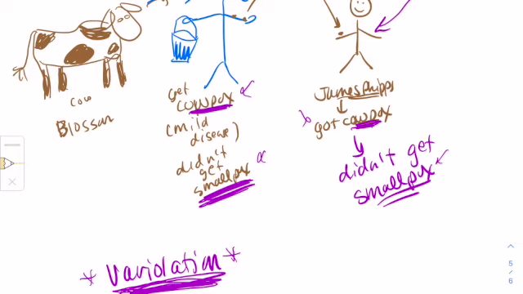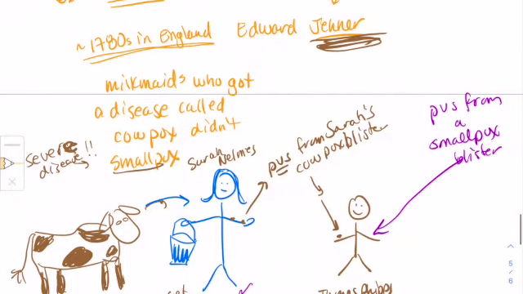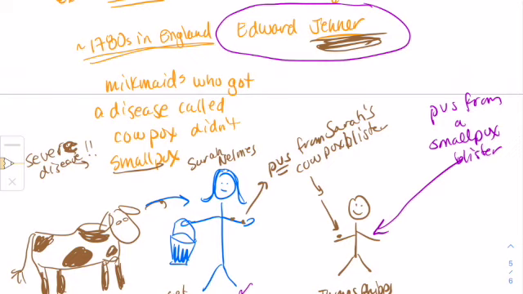Now I want to show you something, because I learned this recently, that 75 years before Edward Jenner actually started using variolation to begin basically vaccinating people, helping people to not get smallpox. Okay, 1780s, we had just ended a little war over here in the U.S., as you may know.